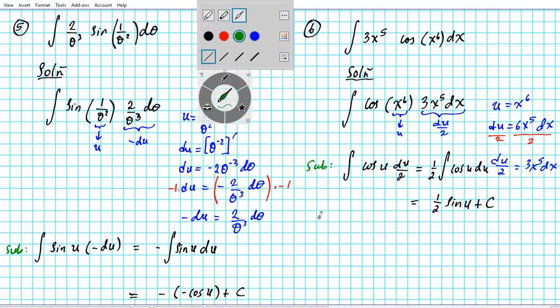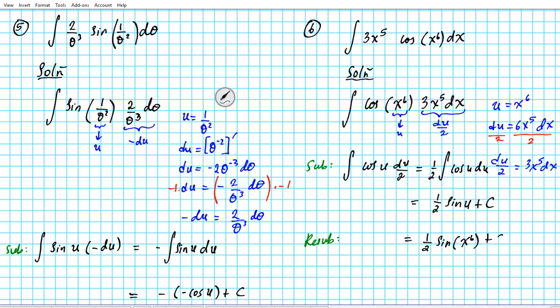To finish up, we're going to resubstitute, and our final answer will be 1/2 sine of u. What is u? U is x to the sixth. Sine of x to the sixth plus c. And ladies and gentlemen, that is your final answer for problem number 6.